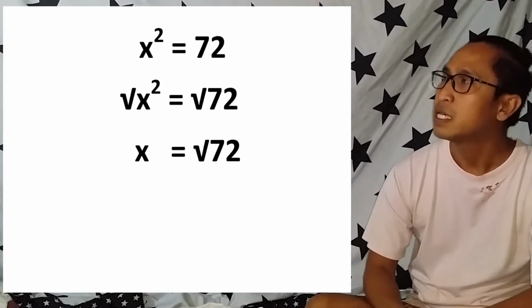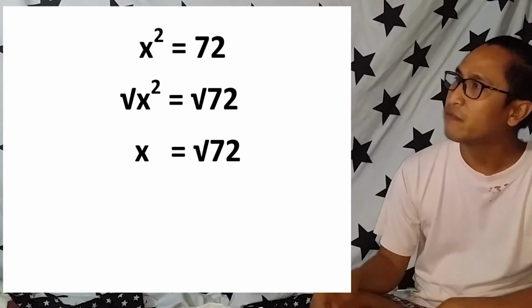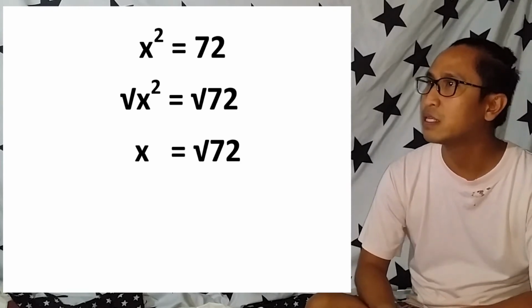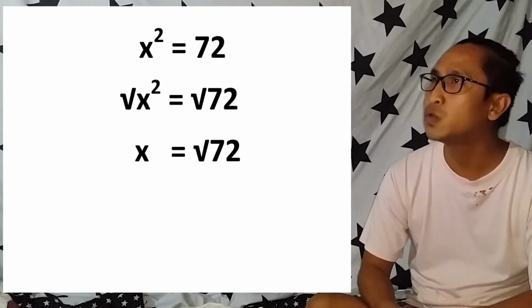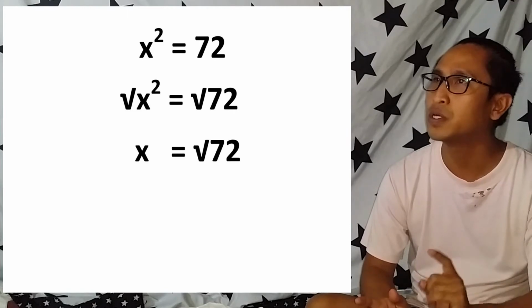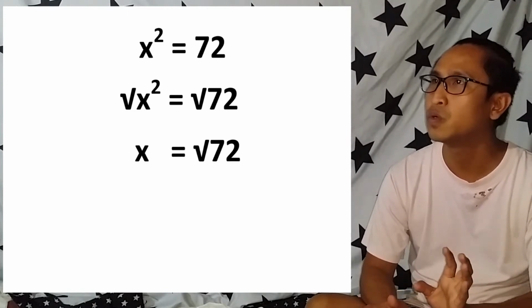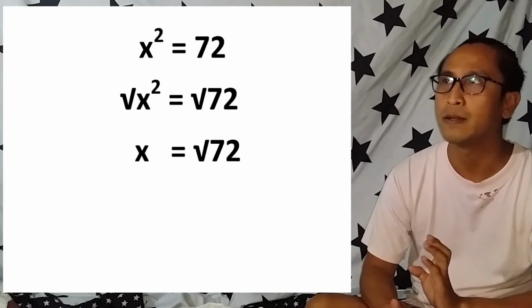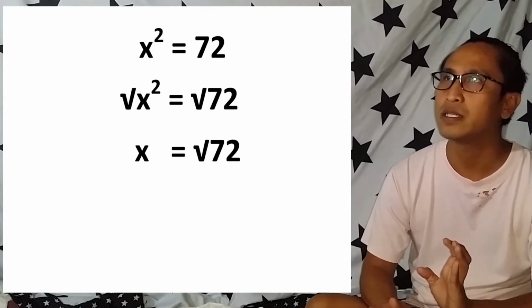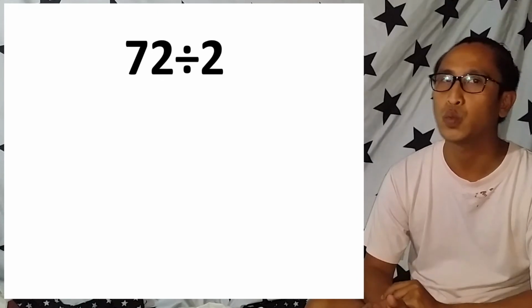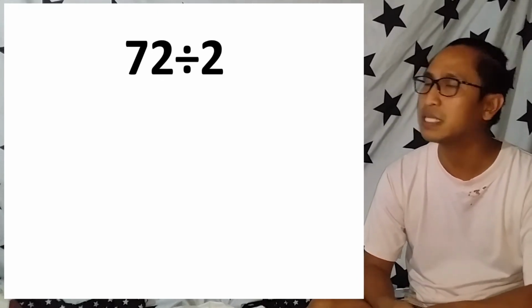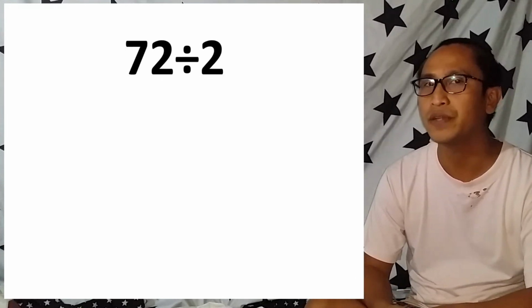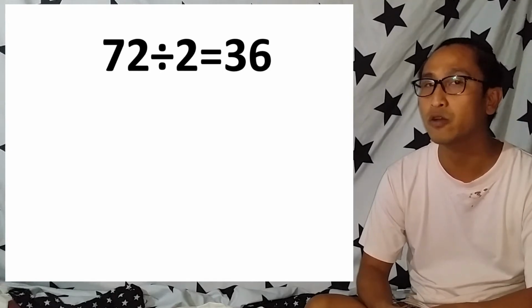Now, if we are going to simplify the square root of 72, we need to find factors of 72 wherein one of its factors is a perfect square. So let us start by dividing it by 2. If we divide 72 by 2, we have 36 as the quotient.